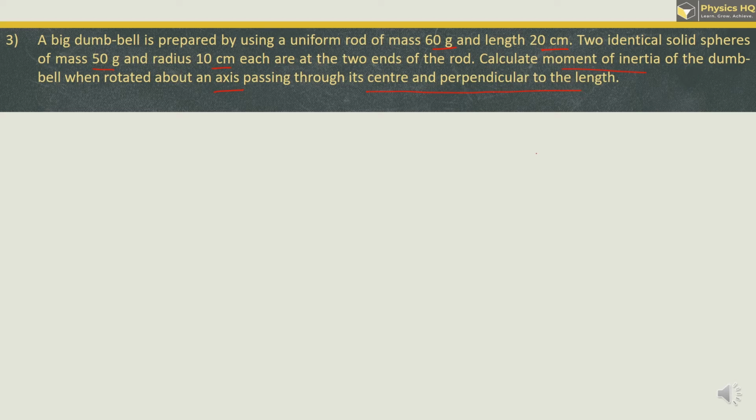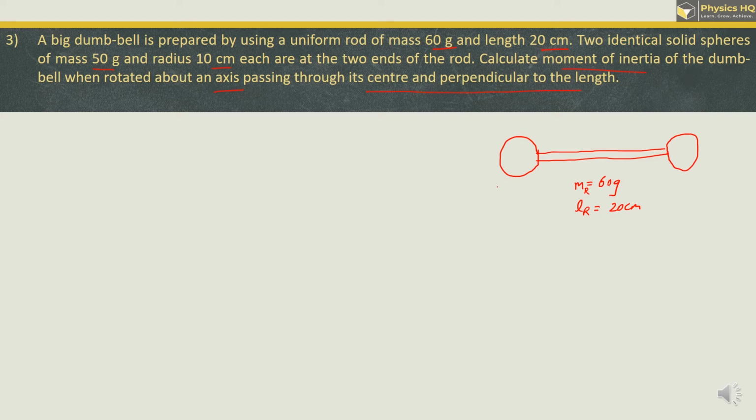Okay, so let us say this is the rod that we have. The mass of the rod is 60 gram. Length of the rod is 20 centimeter. Then we got two identical spheres on both the sides.